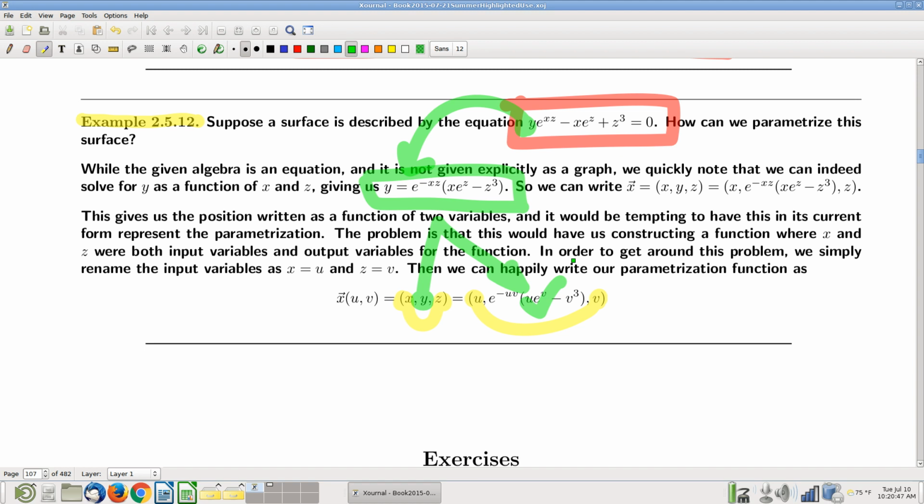And that's a parameterization. So, neat fact, you can parameterize stuff that you can't even draw. All right, is everybody good?